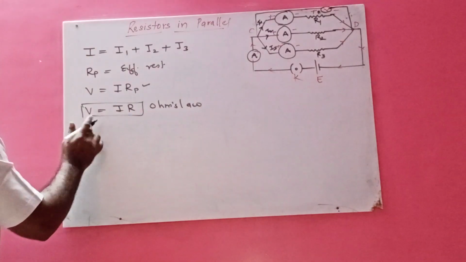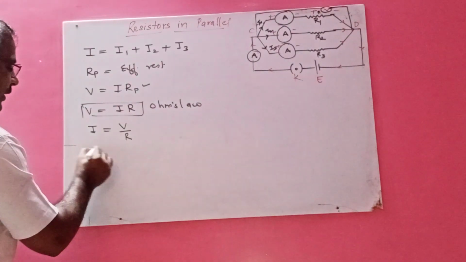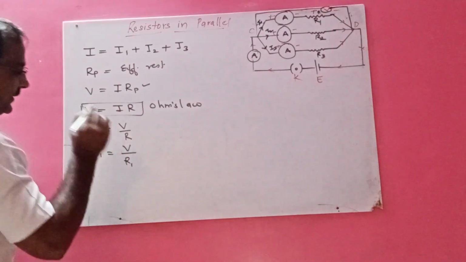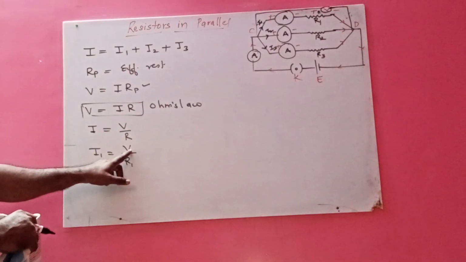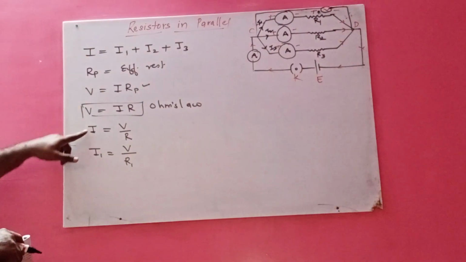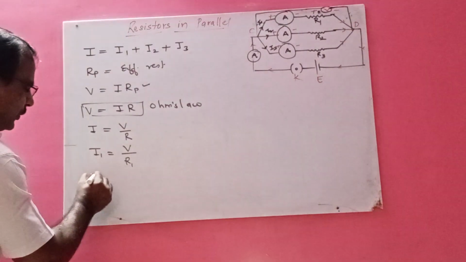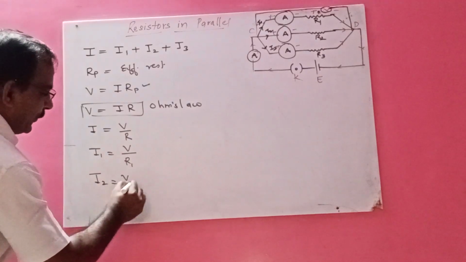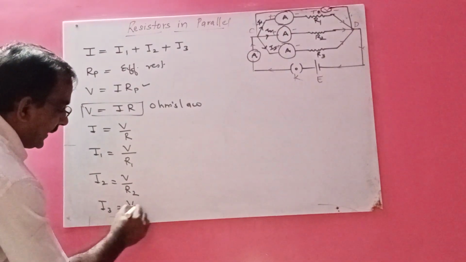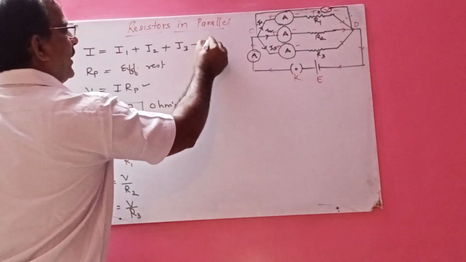If you transfer R here, you get I equal to V upon R. Therefore, I1 is equal to V upon R1, children. Do not write V1 because it is the same for all. So I1 is equal to V upon R1, I2 is equal to V upon R2, I3 is equal to V upon R3. This is your equation number 1.